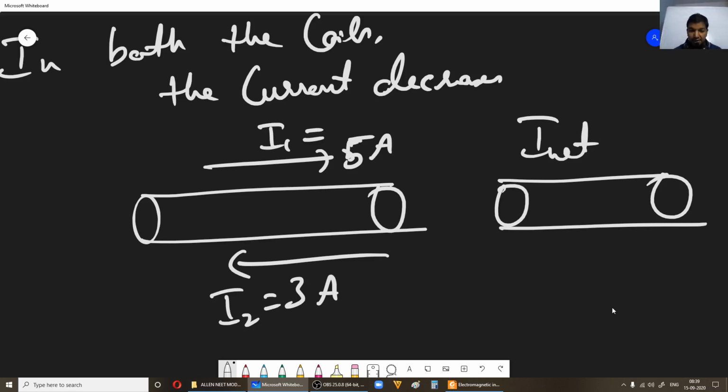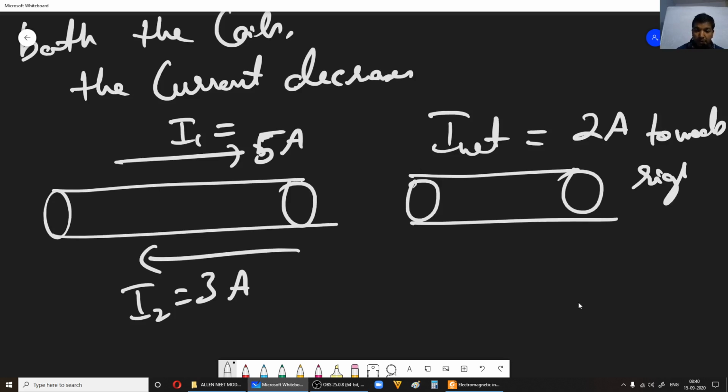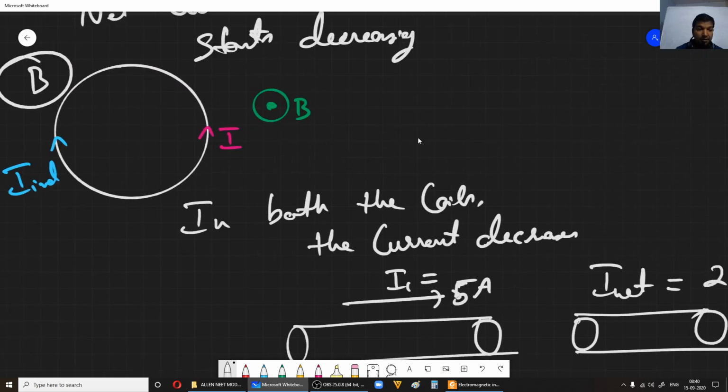Now you decide on the direction. If you decide the current from left to right is positive, again remember, current is not a vector, the net current is 2 ampere towards the right. This is how you can understand this particular diagram, this particular problem here.